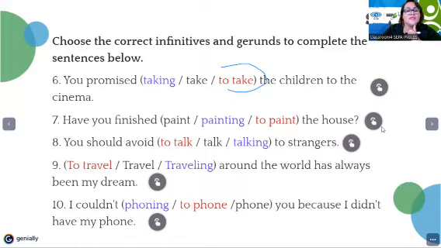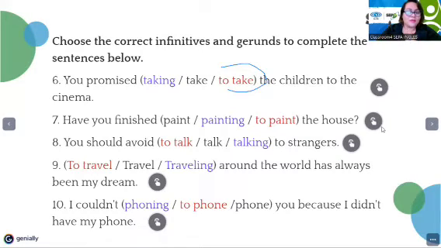Let's move to the next one. You should avoid talking to strangers. Traveling around the world has always been my dream. I couldn't phone you because I didn't have my phone.